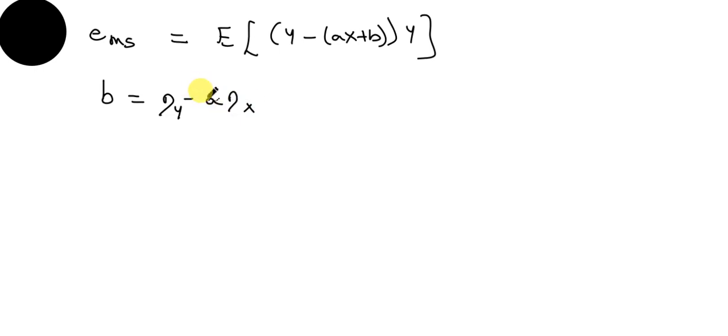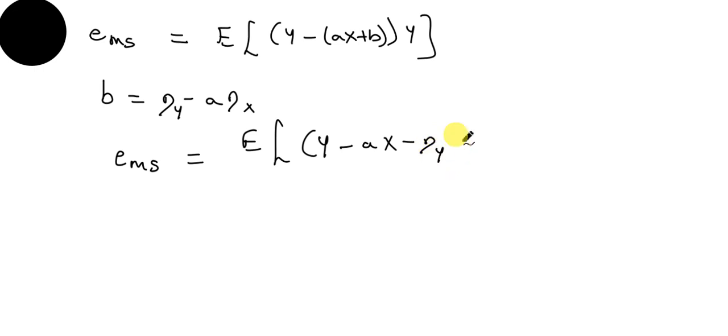So if I consider this y minus eta y plus a eta x, what actually happens to our EMS? My EMS is now going to be equal to expectation of y minus ax, minus b, which will now become minus (eta y minus a into eta x), this whole thing into y.